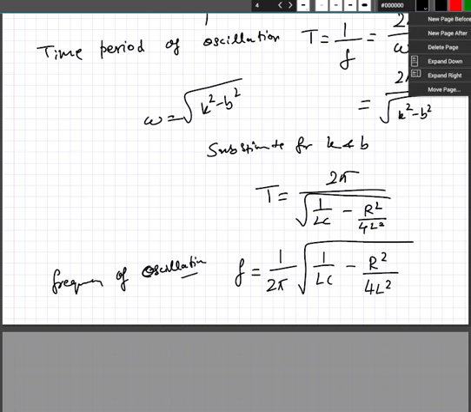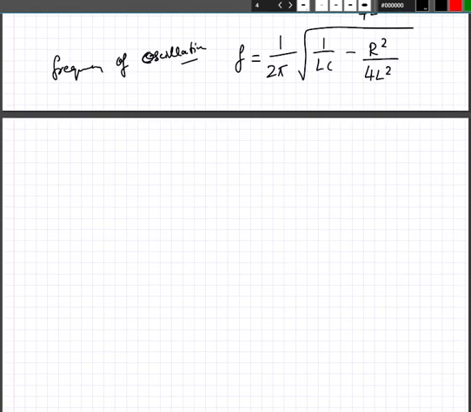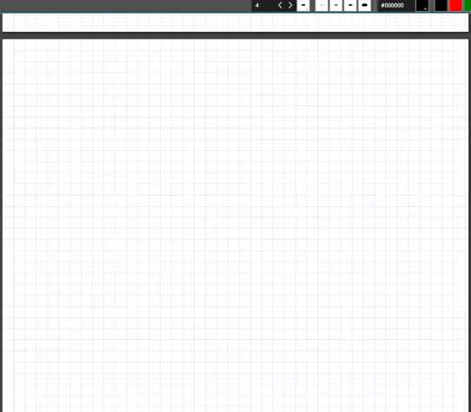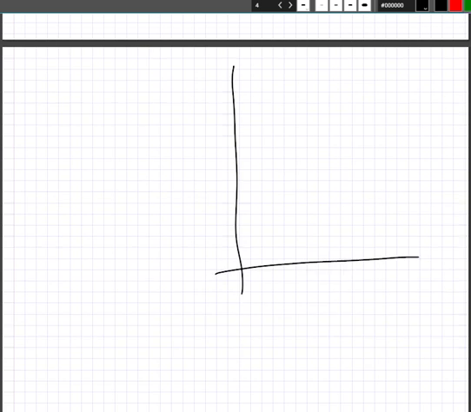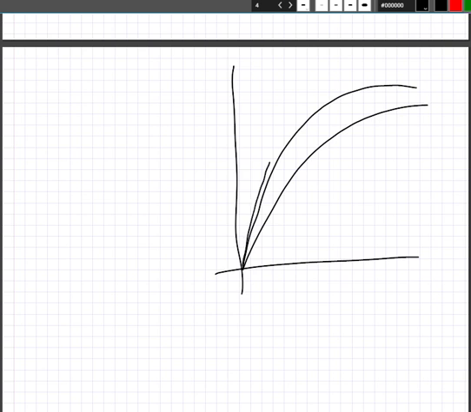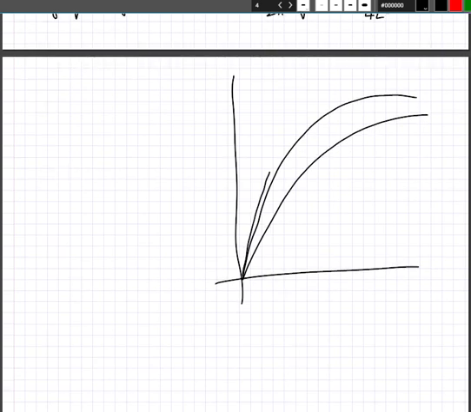Now if we plot all the three graphs here, one is, as I told you, first case under damped and over damped, and then this is damped oscillatory.